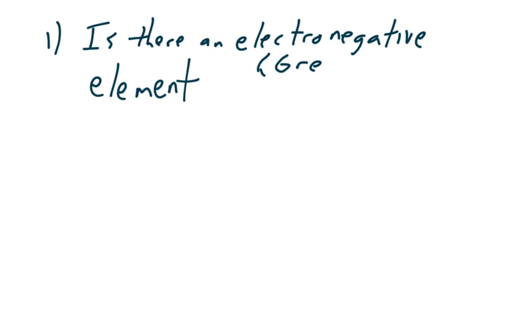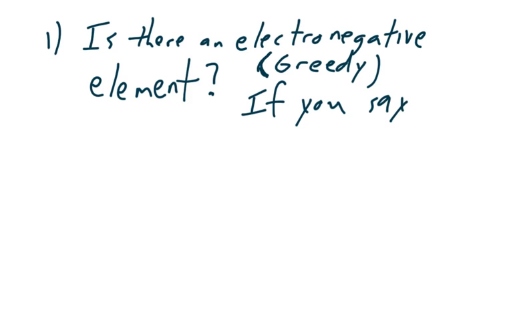So is there a greedy element? That's the first thing you're going to ask yourself. And if you say no, then the conclusion is it's nonpolar. If there are no electronegative elements, then it's nonpolar.